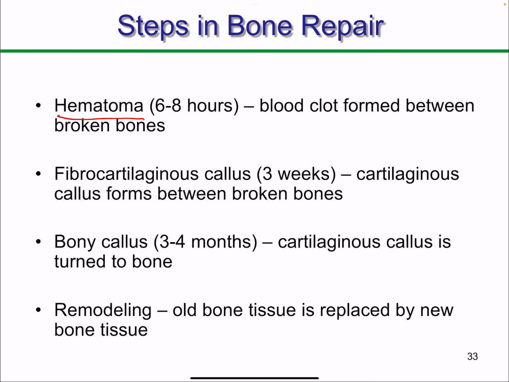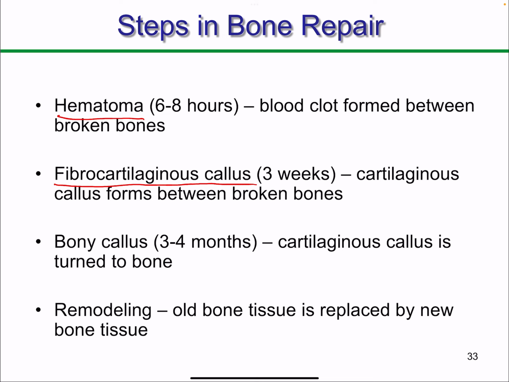Now, this hematoma is going to be progressively replaced by some cartilaginous tissue. That cartilaginous tissue is called fibrocartilaginous callus. Now, that fibrocartilaginous callus is basically, again, cartilage, right?